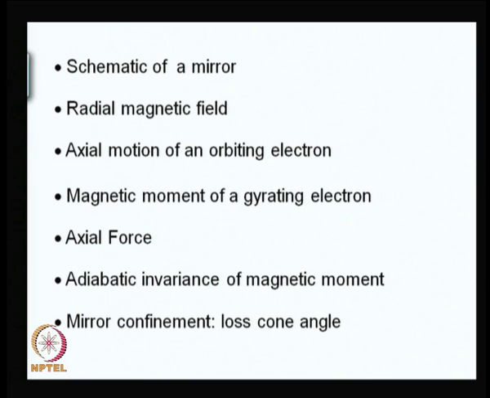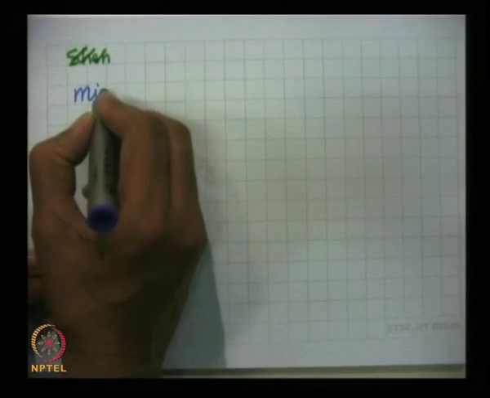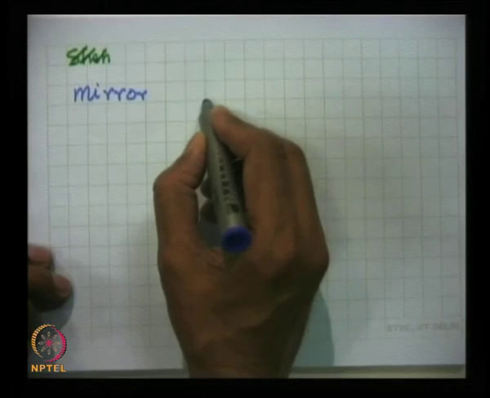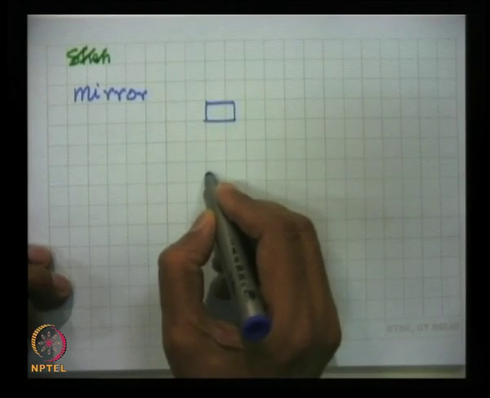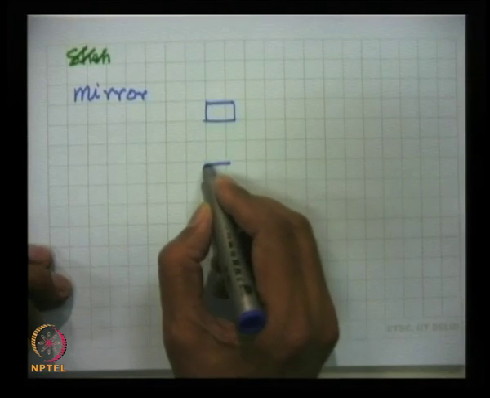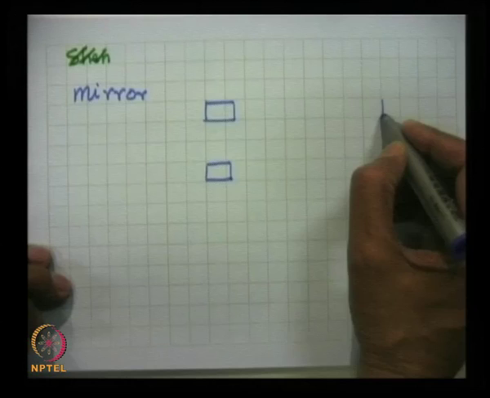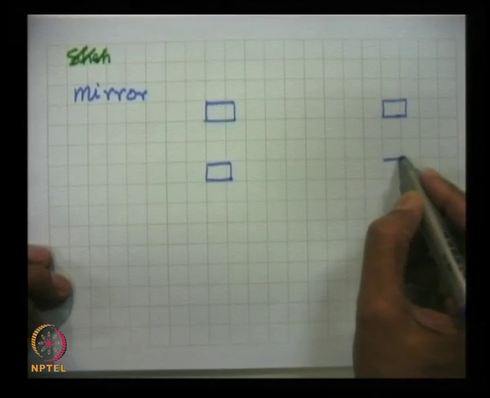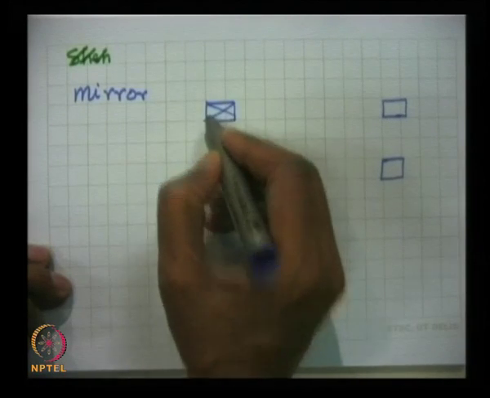Well, the schematic of a mirror is like this. A mirror is simply two coils placed at a distance much larger than the radius of these coils. This is one coil here.